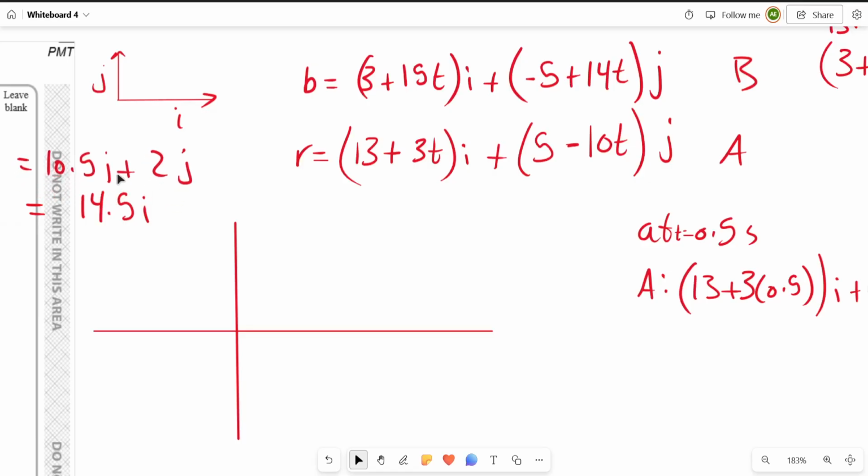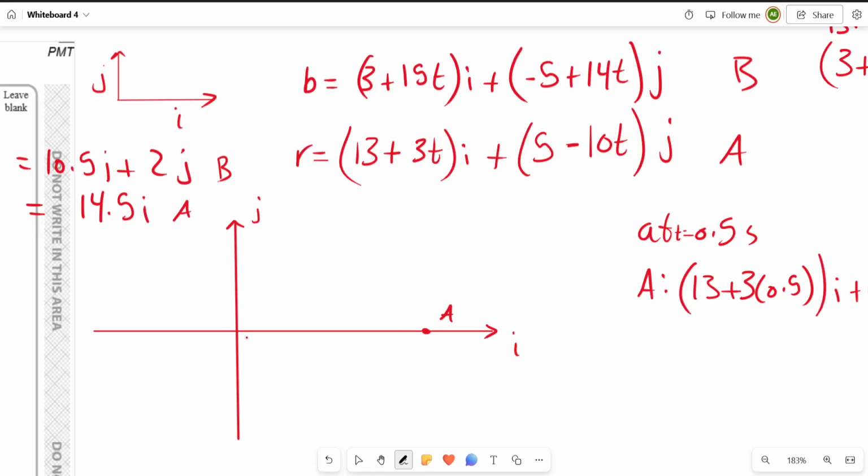Let's put it over here. This one is A, this one is B. Let's draw on our coordinate system where A and B are. A is 14.5 in the i direction, and this is the j direction. So I move 14.5 in the i direction. This is the position of A. It doesn't have any j component, so it's literally just on the i.